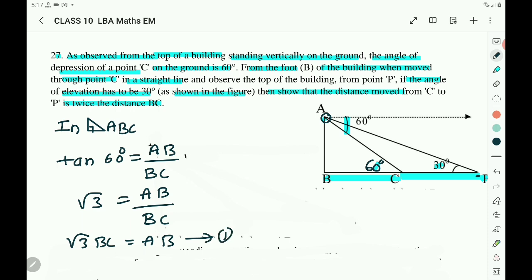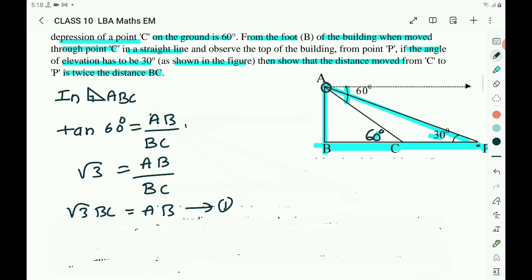Consider it as first. Then you take the triangle ABP. For this 30 degree angle, AB is the opposite side and BP is the adjacent side. Again use the trigonometric ratio, opposite side by adjacent side, that is tan 30.